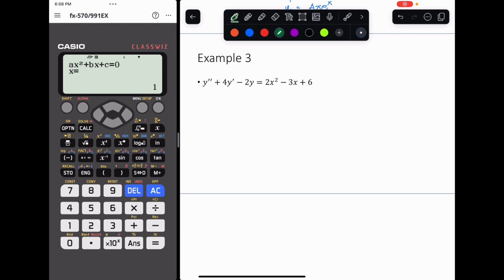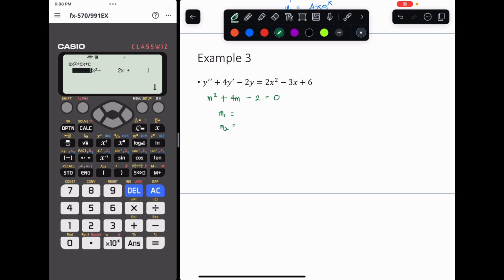So again, we always start with m squared plus 4m minus 2 equals 0. We determine, using our calculator, what m1 and m2 are.